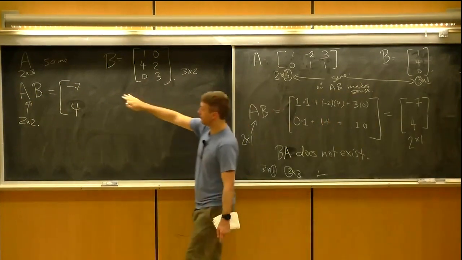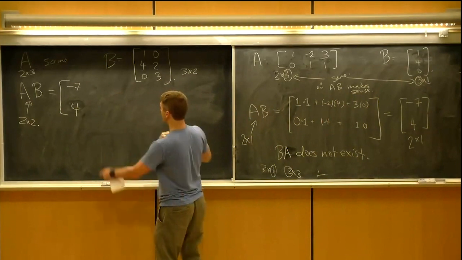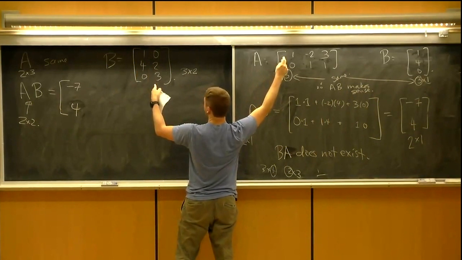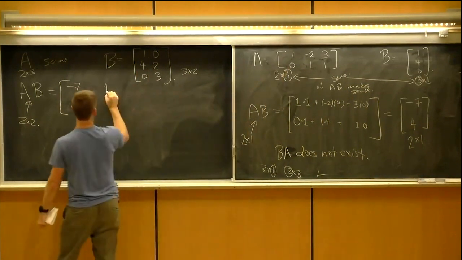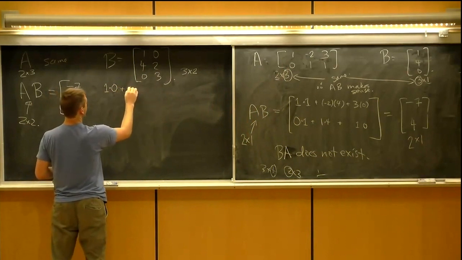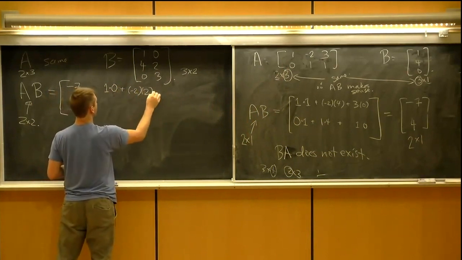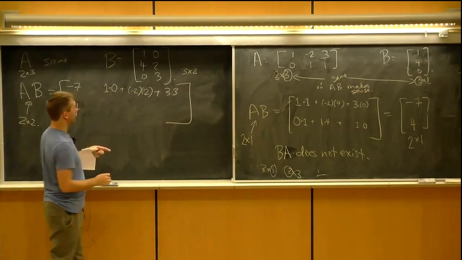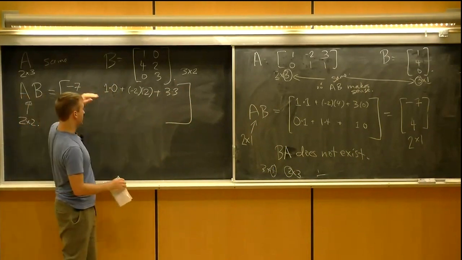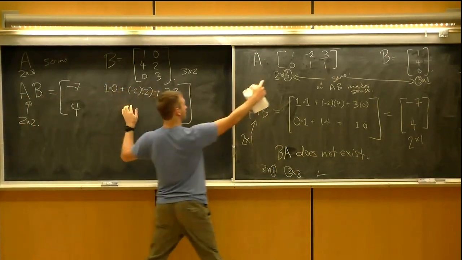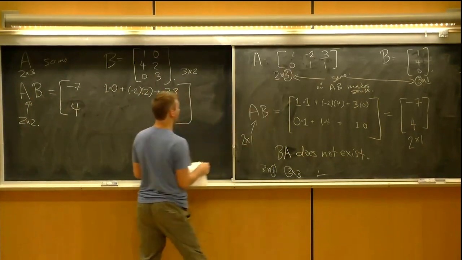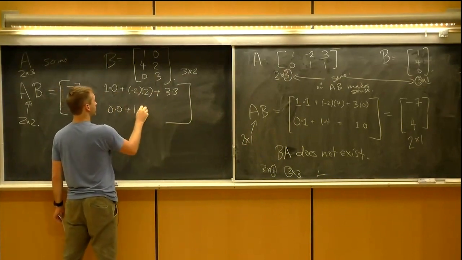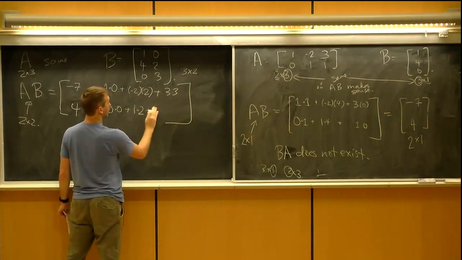So to get the first row, second column, I take the first row of A and multiply it down the second column of B. So I get 1 times 0 plus -2 times 2 plus 3 times 3. To get the second row, second column, I take the second row of A and multiply it down the second column of B. So 0 times 0 plus 1 times 2 plus 1 times 3.